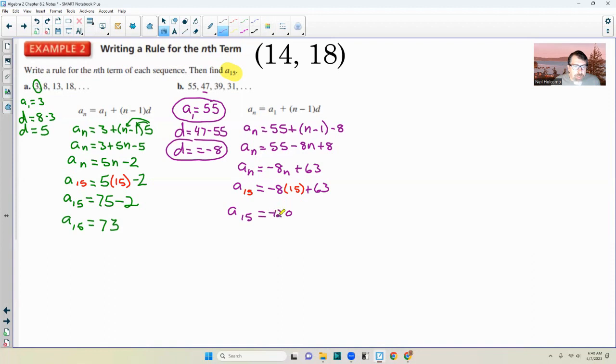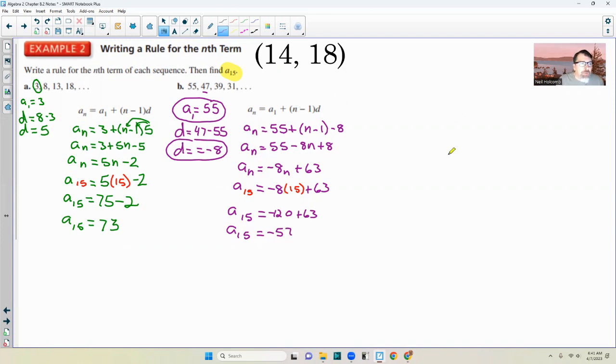That's negative 120 plus 63. So a sub 15 equals 60 and 60 is 120, so this would be negative 57. So a sub 15 equals negative 57, meaning the 15th term in this sequence, if we continue, this is decreasing by 8 every time. 15 numbers out would be the negative 57.